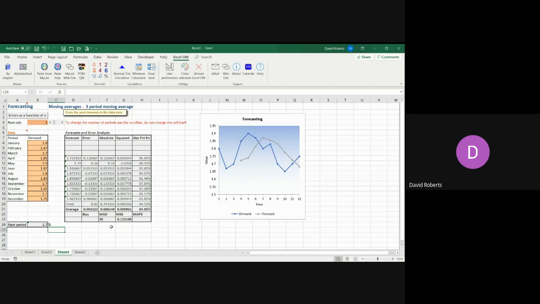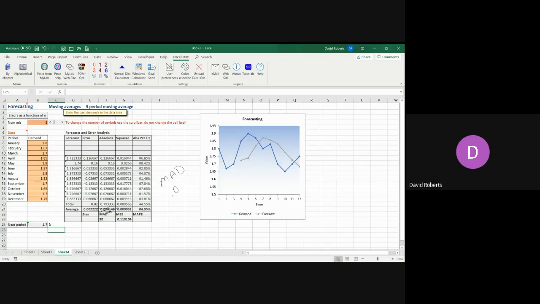So what I'm talking about here is this number here. That's the number that you look at, the total at the bottom. All right, so 0.088.